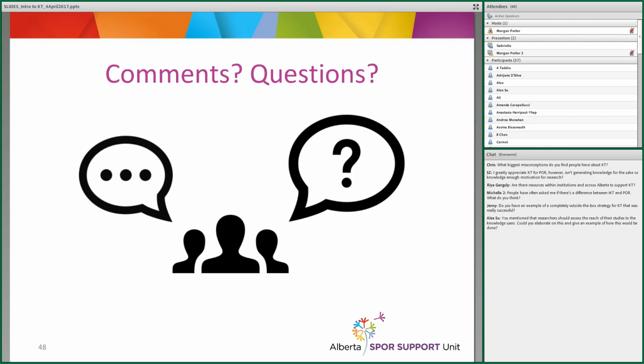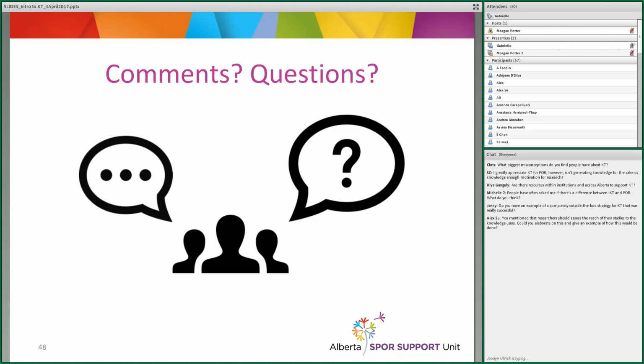So even for curiosity-based research, I think there's still a place for people to think about developing an end-of-grant KT plan and thinking about who could potentially use this research, what some potential downstream effects are, and really thinking about making the best use of the dollars that we have to do research and make it accessible to everyone.